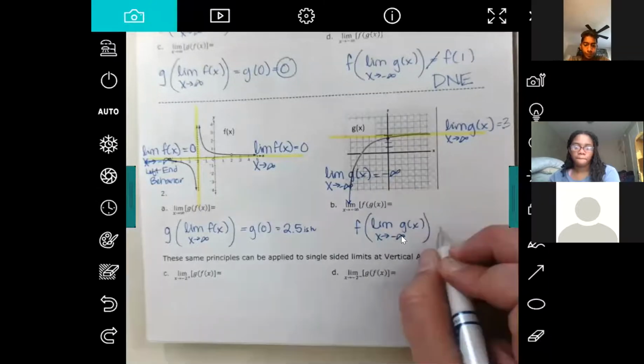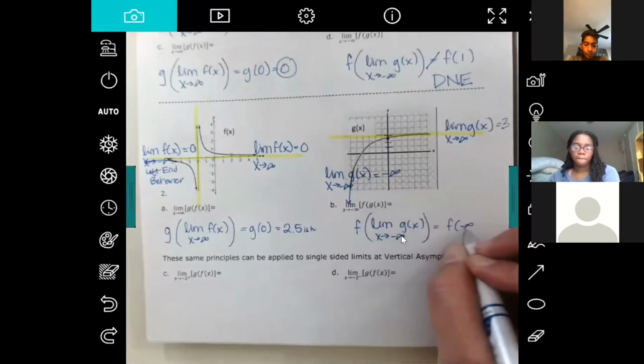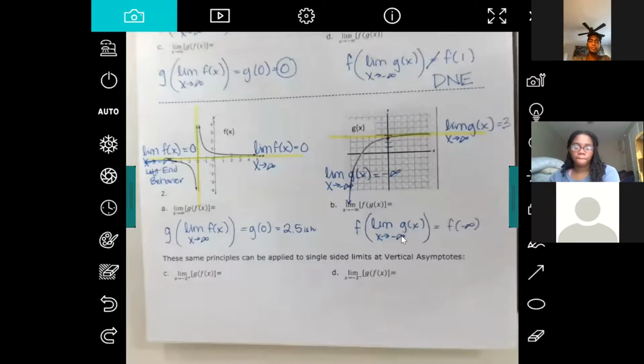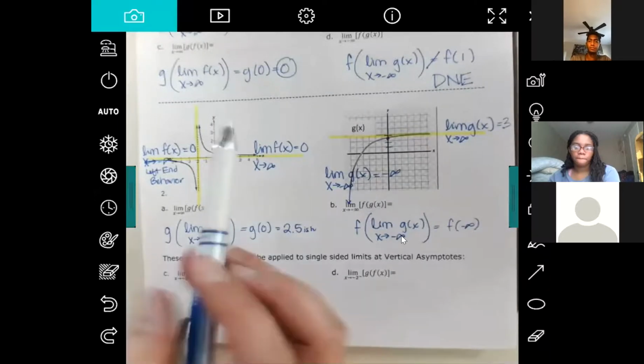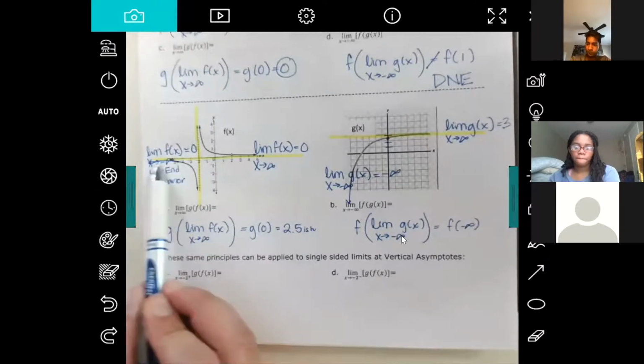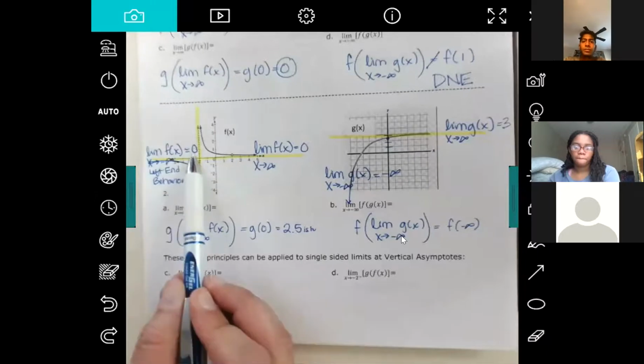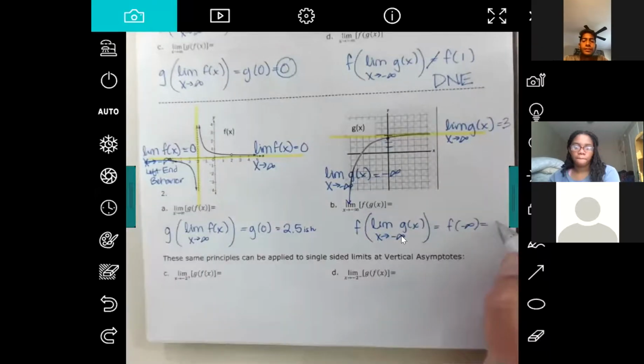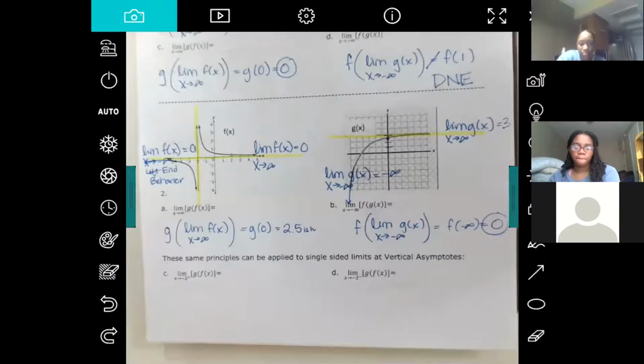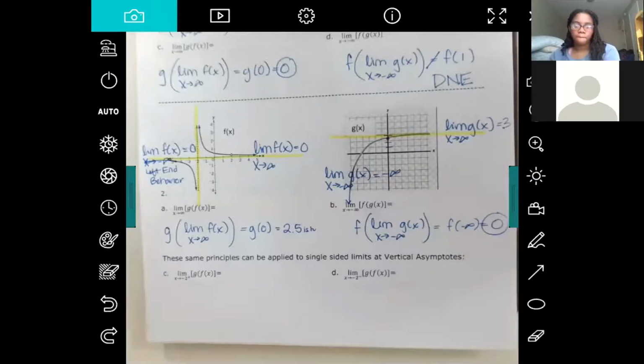Then I need to know f of negative infinity. And then I look at my graph of f towards negative infinity. Okay, just like I think Taylor said, my graph is going towards 0. What you think about that? Good? Bad? Easy? Hard? What do you say?